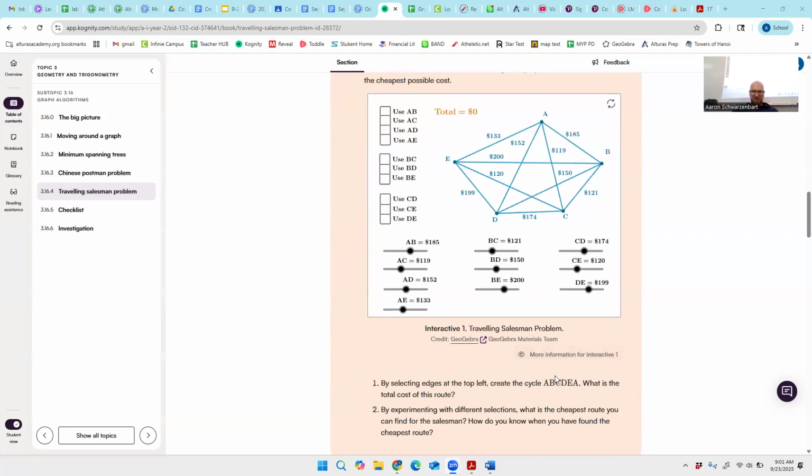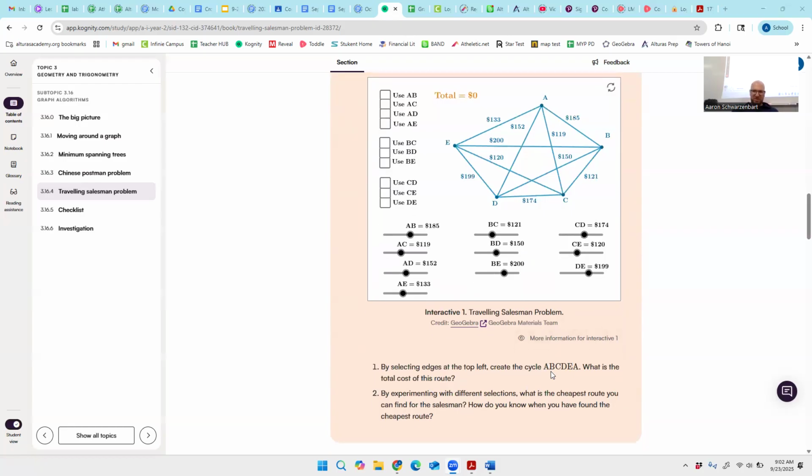By experimenting with different selections, what is the cheapest? I kind of think it's A, C, B, D, E, A. I'm pretty sure.